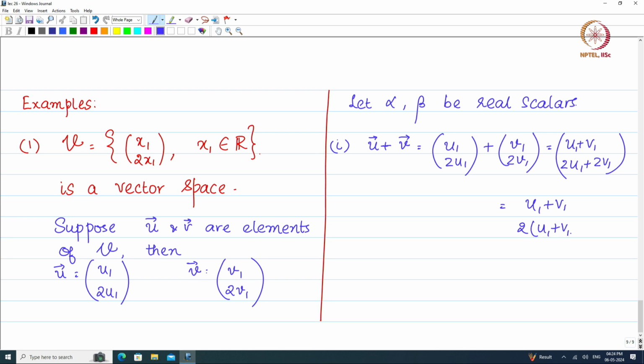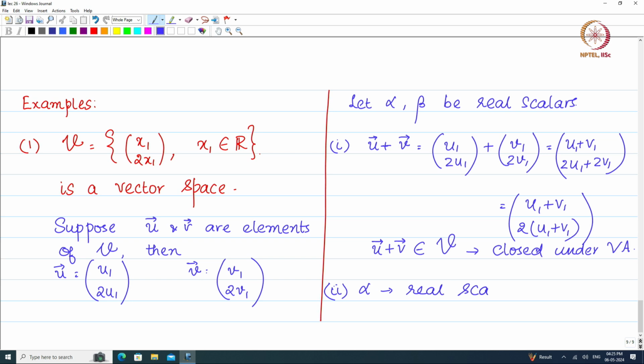That means the resultant vector also has the second component equal to 2 times the first component. So u plus v is therefore an element of V. So V is closed under vector addition, that works.